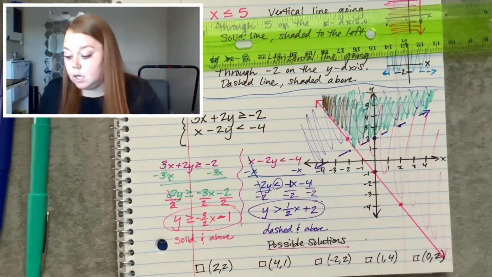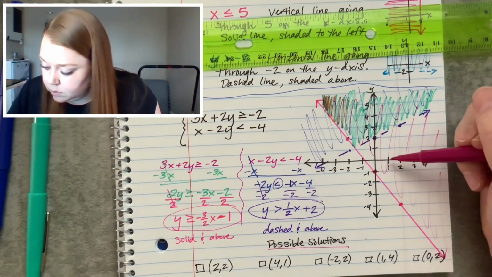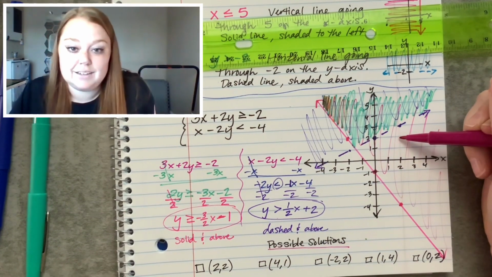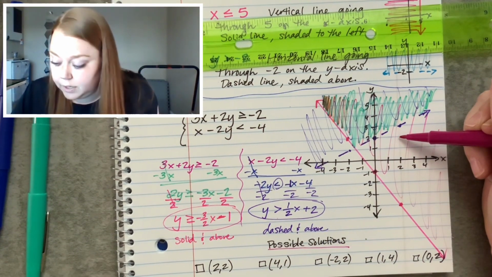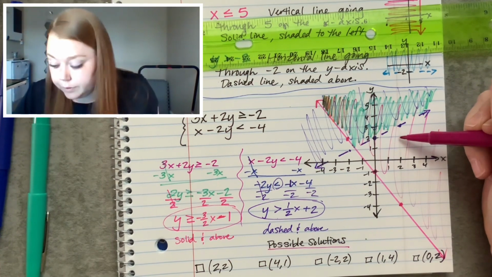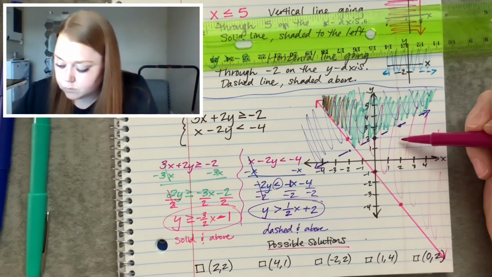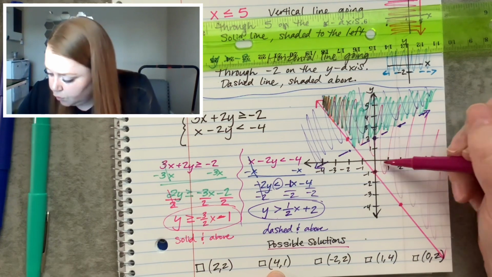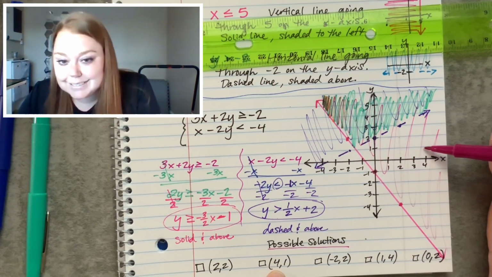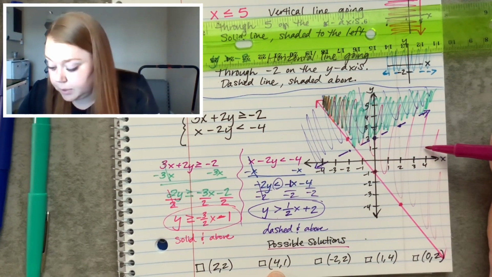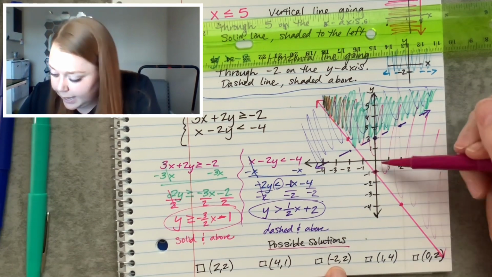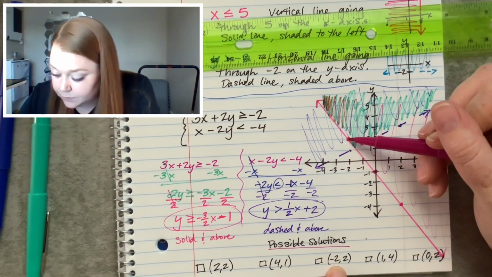Okay, here we go. (2, 2) is right here. It is not in the shaded area, the overlap area. It works for one of them, not for both. So that's not a solution. (4, 1). It's not in the overlapped area. That's not a possible solution. (-2, 2).